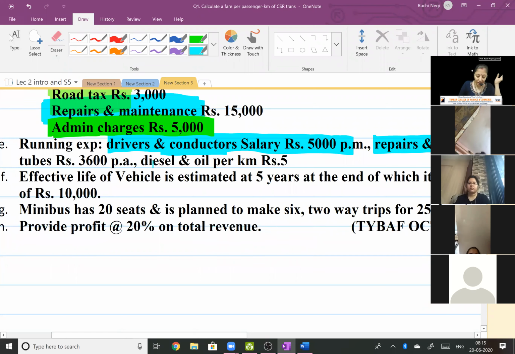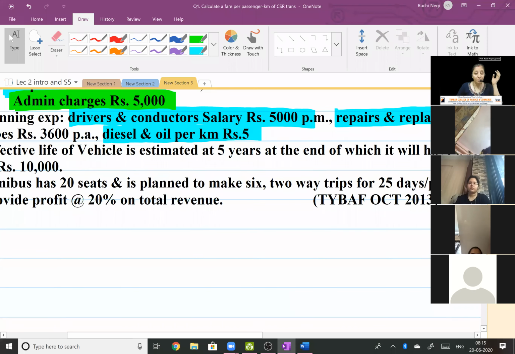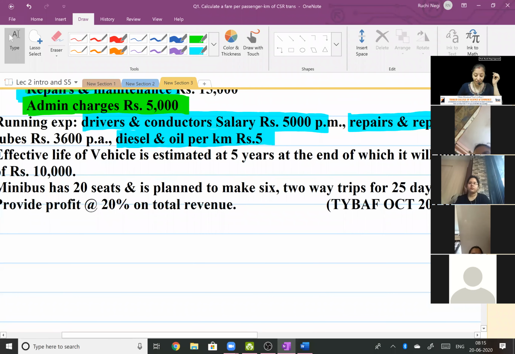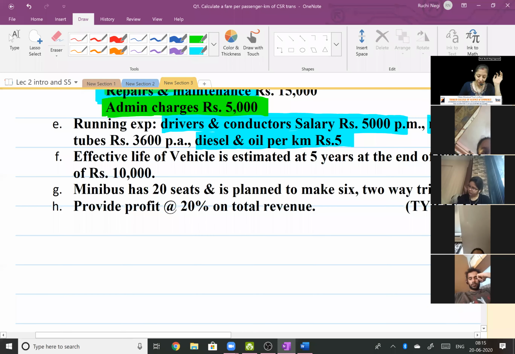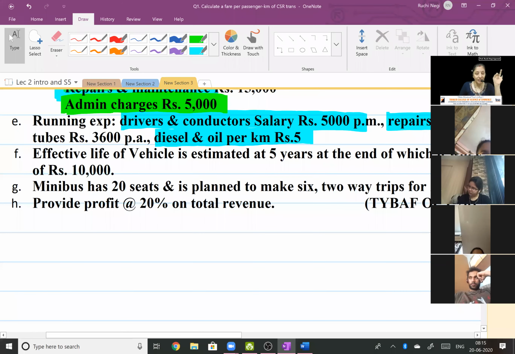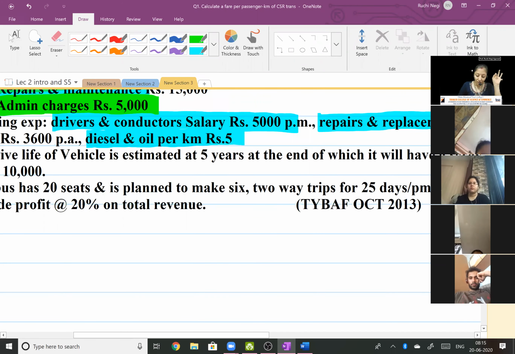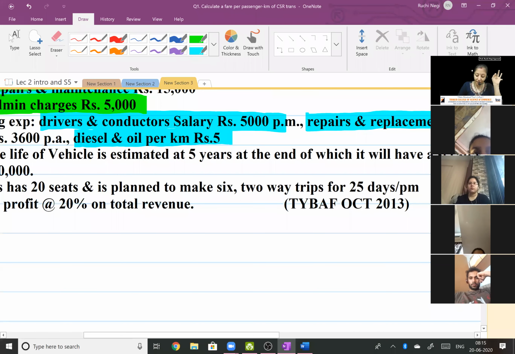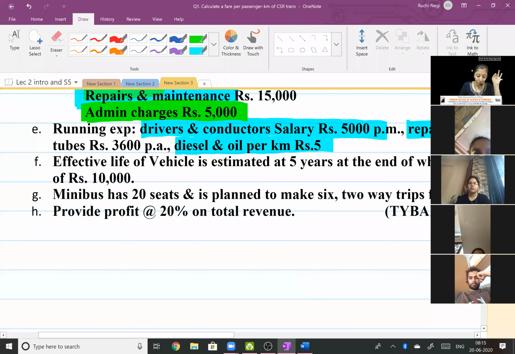Diesel, again variable cost, and we will have to calculate diesel. It's not given. They have just given you per kilometer diesel is 5 rupees. Next, effective life of the vehicle is estimated at 5 years, at the end of which it will have a scrap value of rupees 10,000.